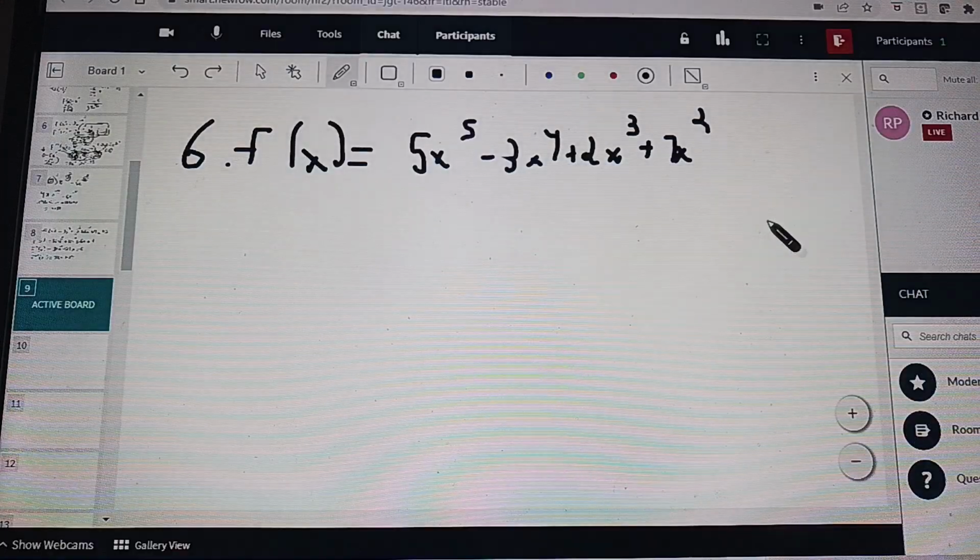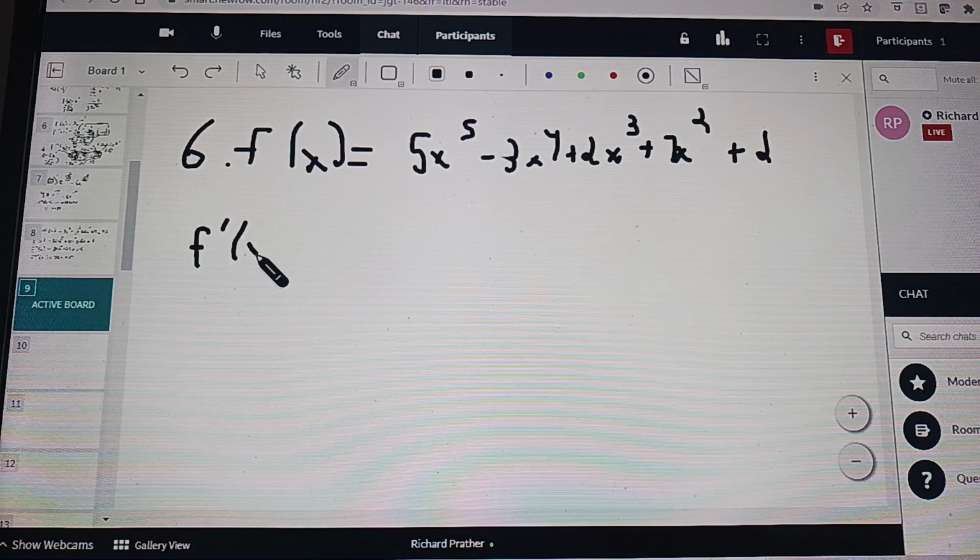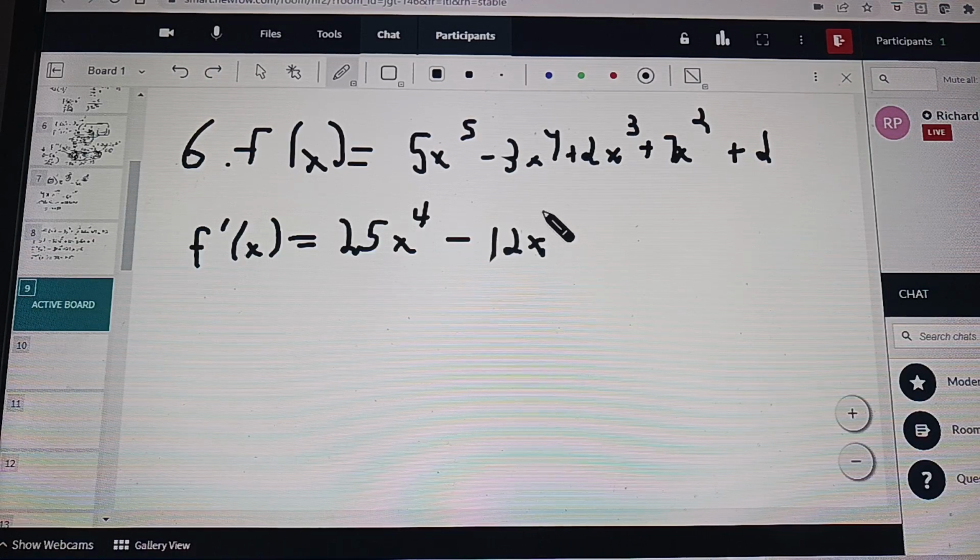There is no x to the first term, and that's okay. Okay, first derivative. 5 times 5, 25, x to the 5 minus 1 is 4. Minus 3 times 4 is 12, x to the 4 minus 1, which is 3. 2 times 3 is 6, x to the 3 minus 1. 7 times 2 is 14, x to the first, and then the derivative of 2 is nothing.